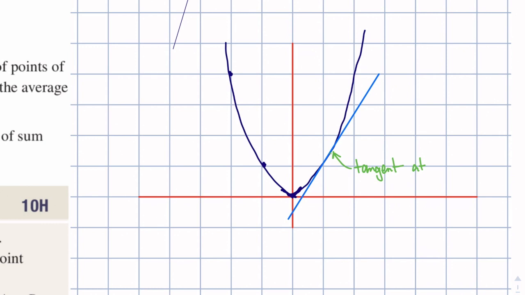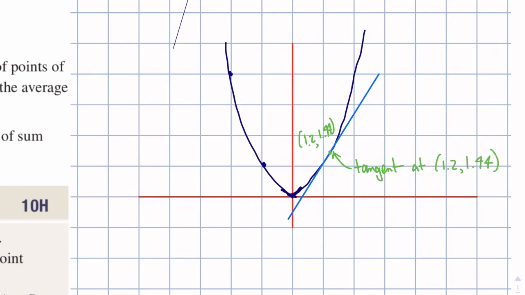And if that point was 1.2, what's 1.2 squared? I need a calculator. I'm not awake enough. 1.44. So that's tangent at the point (1.2, 1.44).